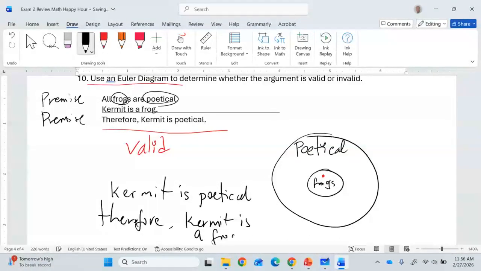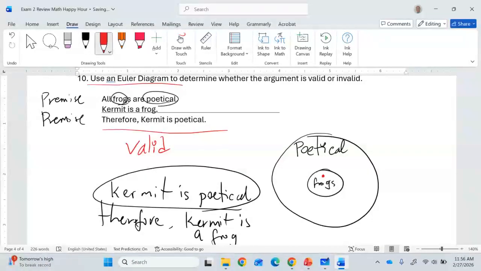This would be wrong because when you get to the second premise, you would put Kermit inside poetical. Well, you could put it inside the frogs, but you could also put it outside. And if you put it outside, it would classify as something that is poetical, but it doesn't automatically make it a frog.